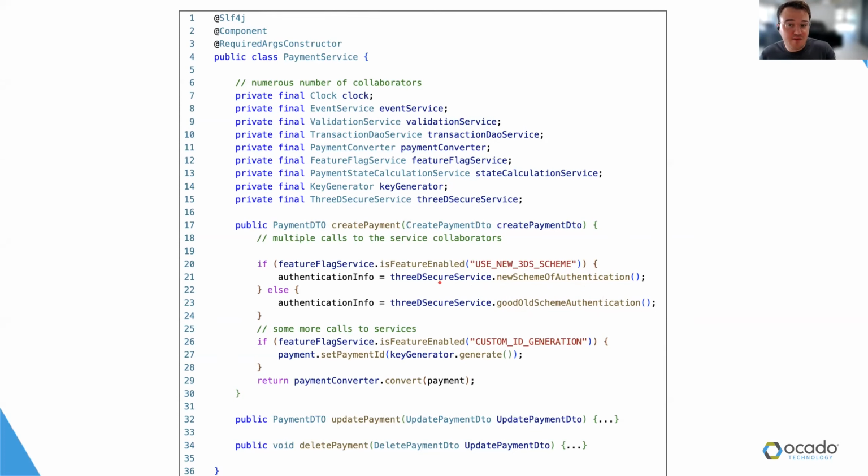And I'm not only depending on these functions, I am importing the full service, right? So 3D Secure service, a service responsible for authentications, is likely to have many, many more public functions there. It just happens that this service in question, payment service, is just calling 2 functions, right?